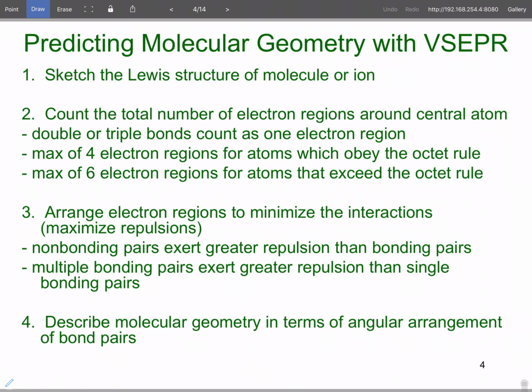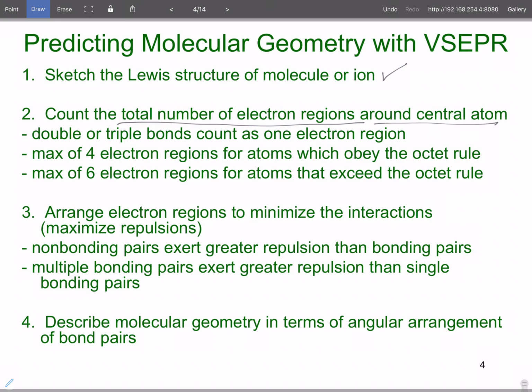Well, in order to do this, we have to look at the structure. So the first thing you've got to do is sketch the Lewis structure. We learned how to do that in the last chapter. Then the next thing is count the total number of electron regions around the central atom.